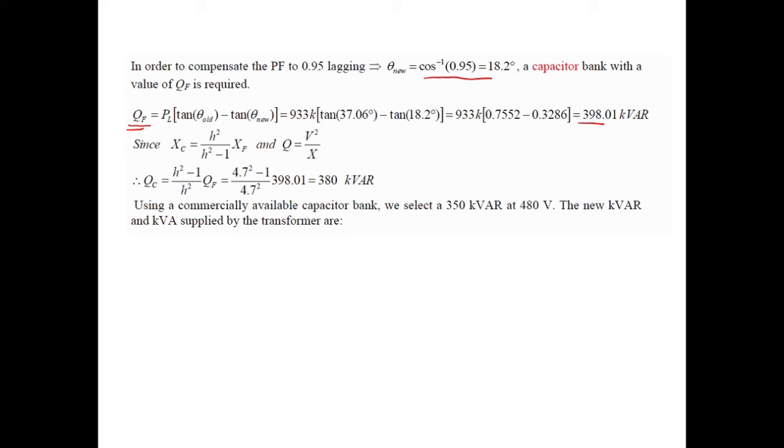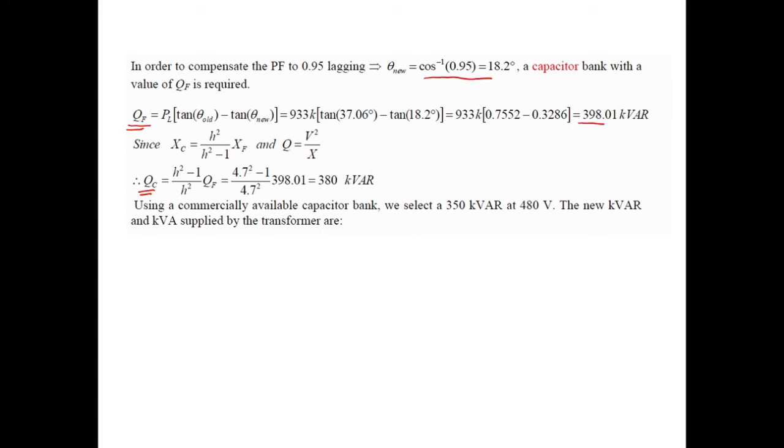So once we obtain QF, then we can obtain the value of QC as well. So we know that QC will be equal to QF times (h squared minus 1) over h squared, like what we did previously.